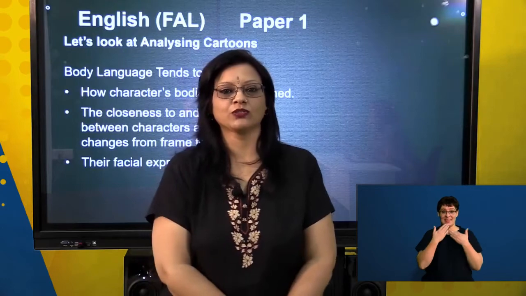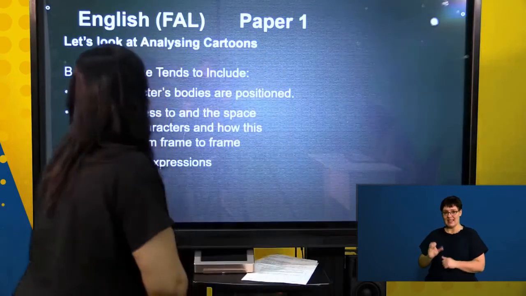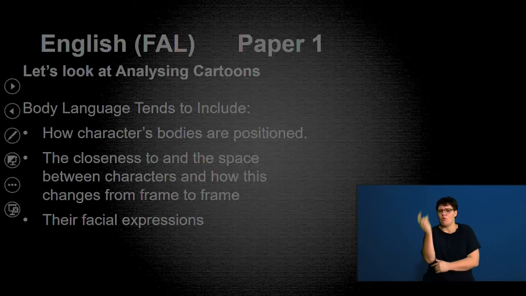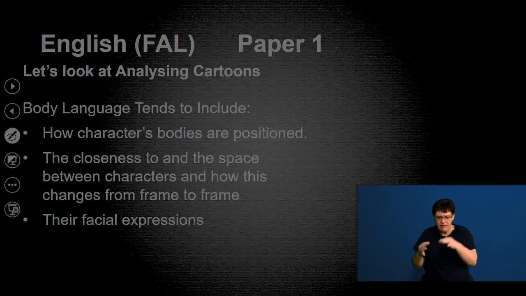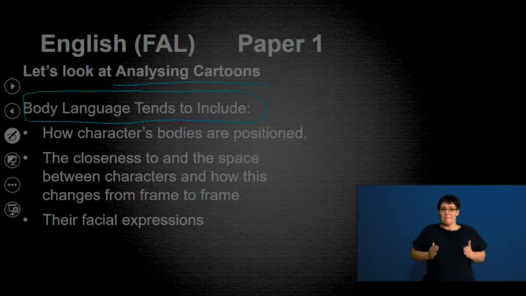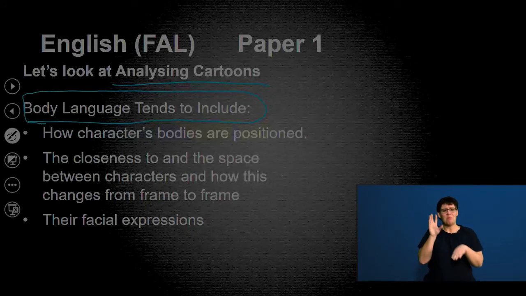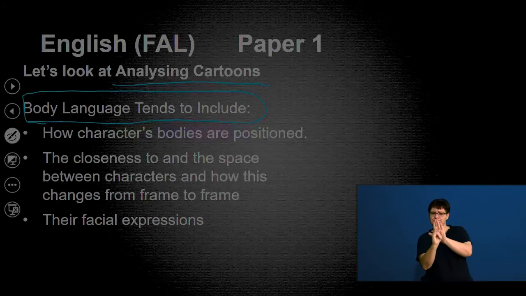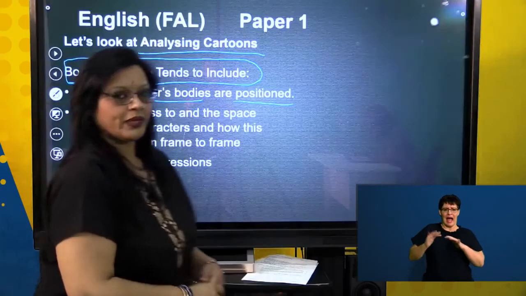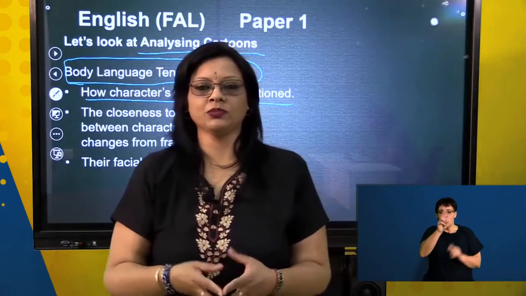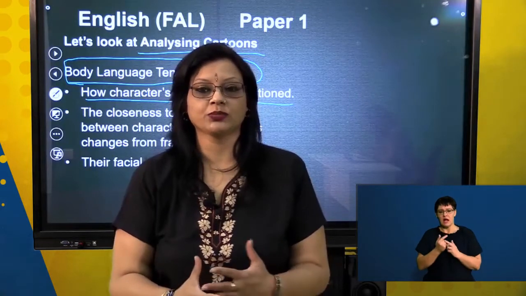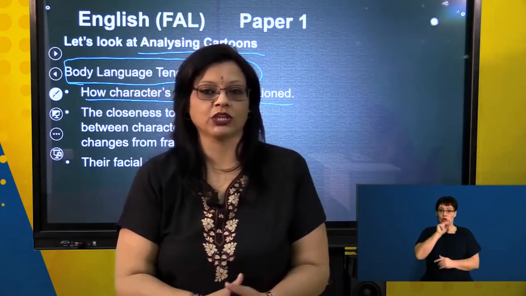And now we're going to go straight to cartoons. So let's look at cartoons and what we need to know and remember when we are analyzing cartoons. So, the body language, okay? This seems to be a problem area where we're unable to identify body language. You need to look at how a character's body is positioned. When we look at body language, you must be very observant when you speak to people. There are different things that you can observe, non-verbal communication, which is our body language.